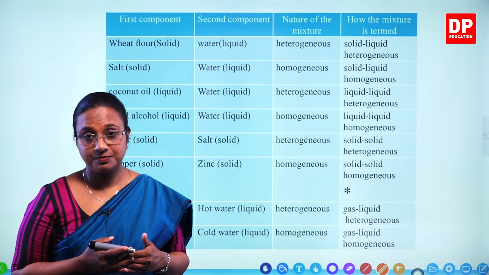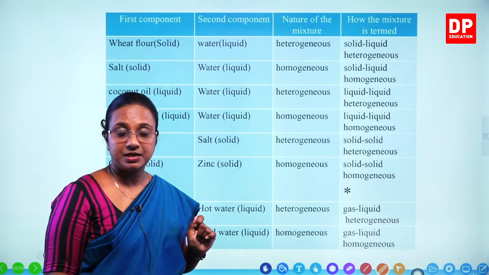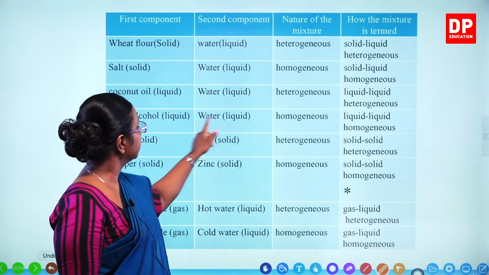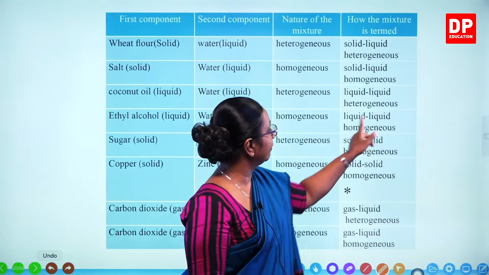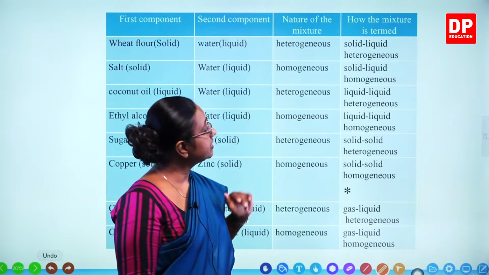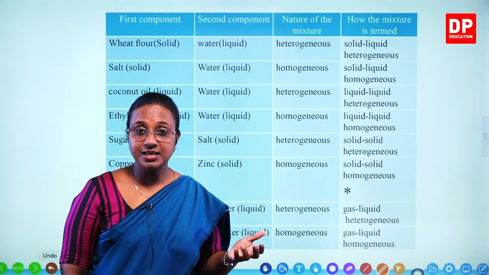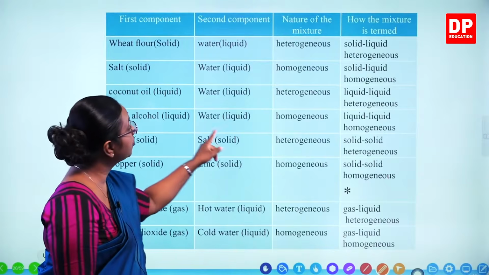So it is a homogeneous mixture, and both exist in the liquid state. Therefore, liquid-liquid homogeneous mixture.